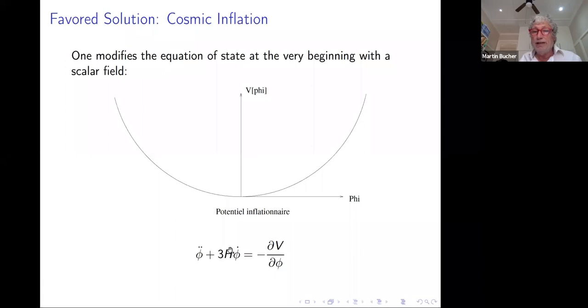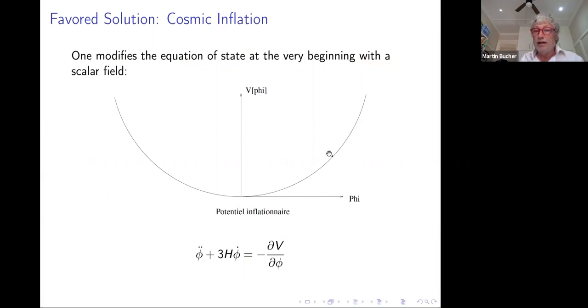And you put in the numbers, and you find that when the displacement is of order the Planck energy, then this term is very important.